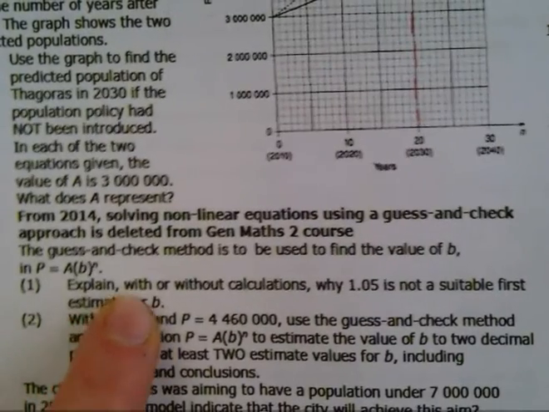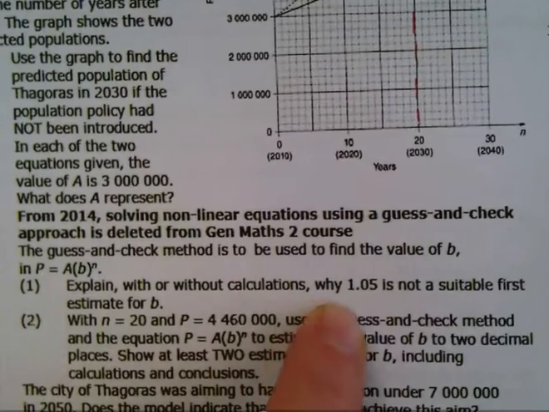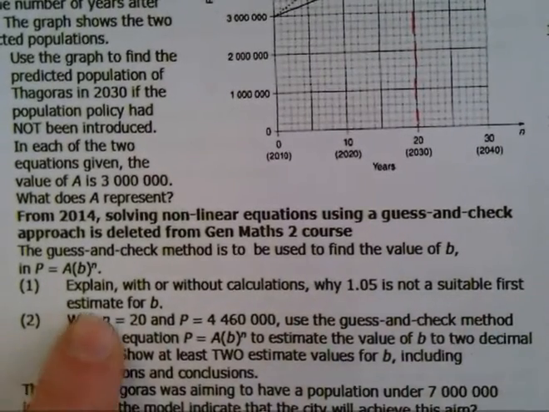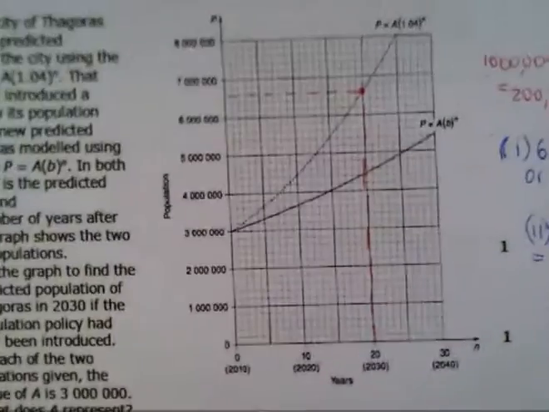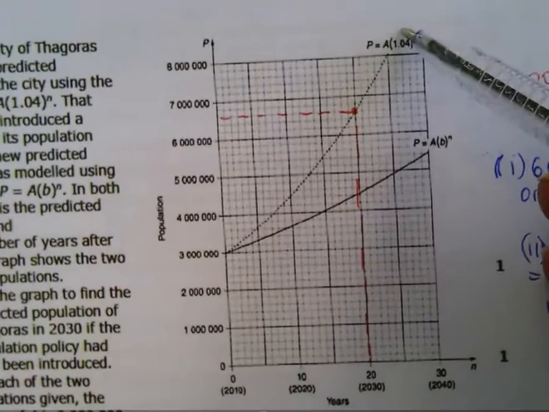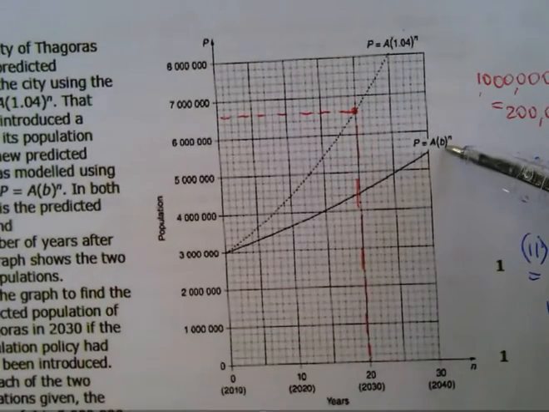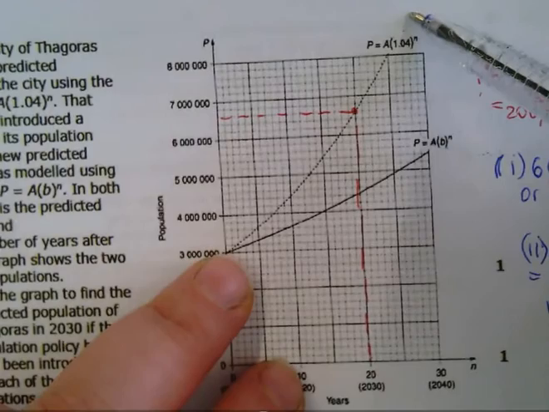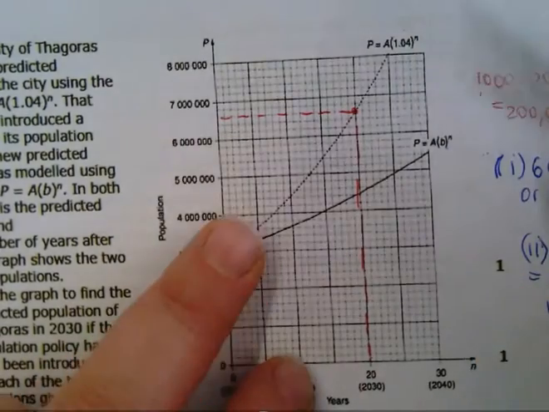So it says explain with or without calculations why 1.05 is not a suitable first estimate for B. You know how we said this first graph up here has a higher rate? You might estimate not 1.05, it should be something like 1.02, 1.03. Do you understand? It's got to be smaller than 1.04. This has a higher rate.